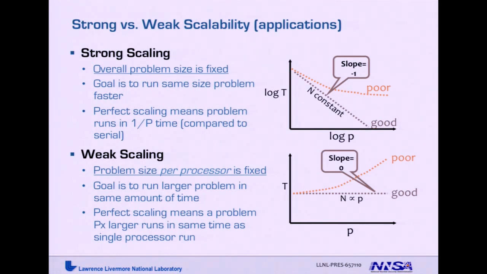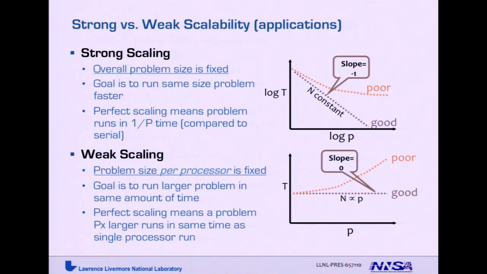That's strong scaling. And if you plotted that on a logarithmic chart with time on this axis and the number of processors out here, you'll see a nice -1 slope that's your ideal scaling.